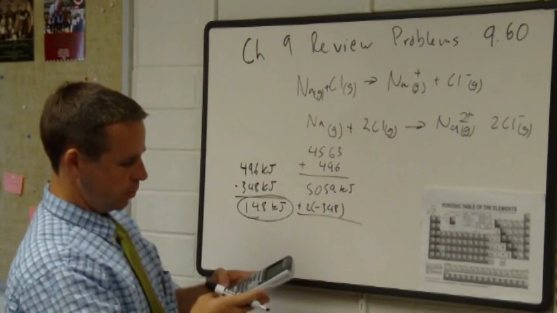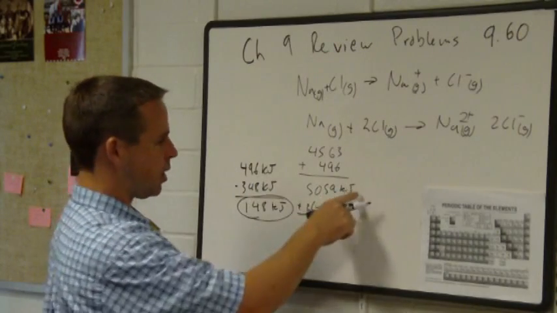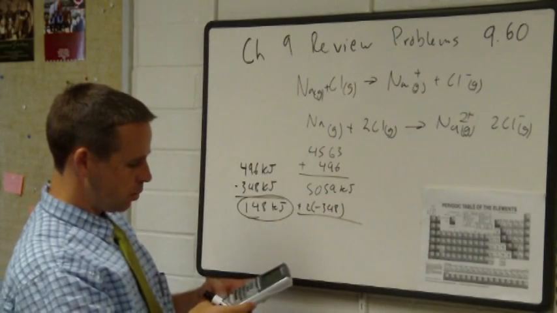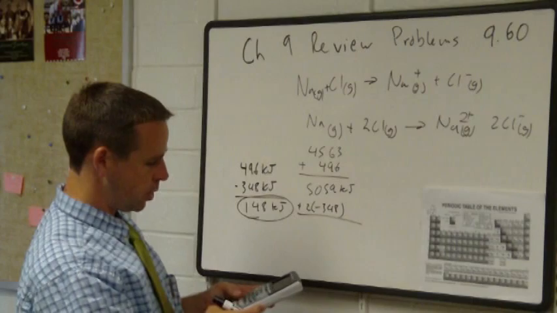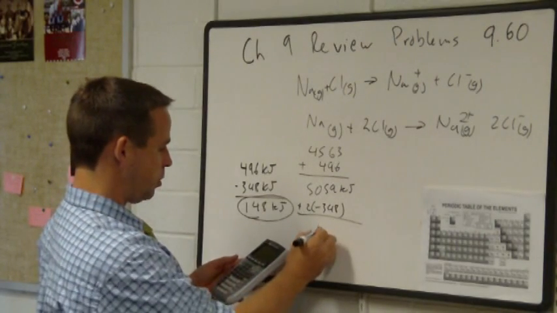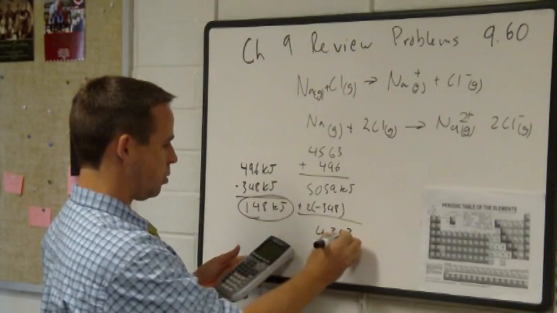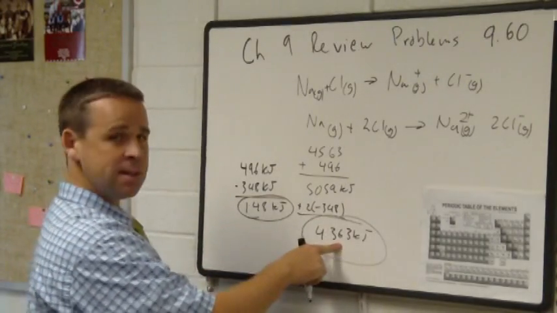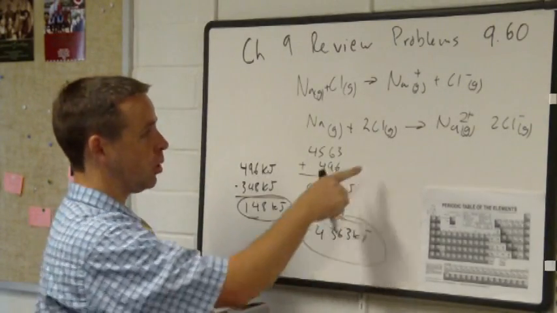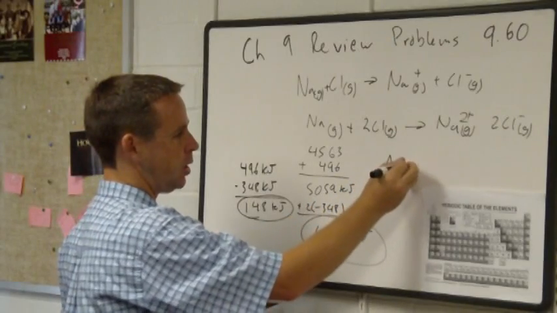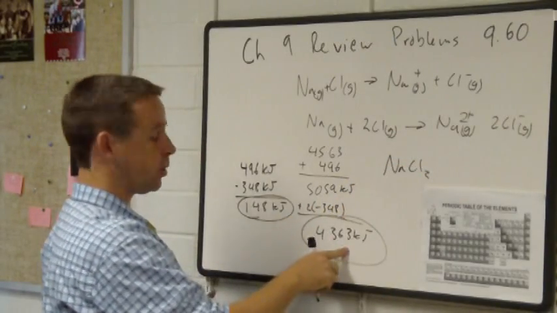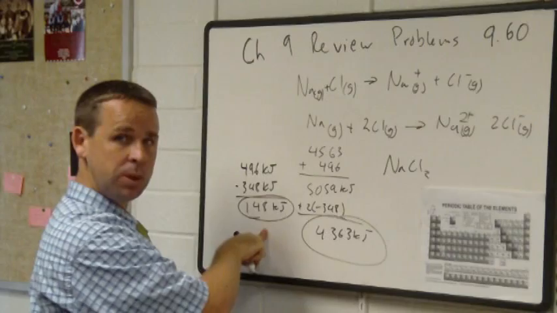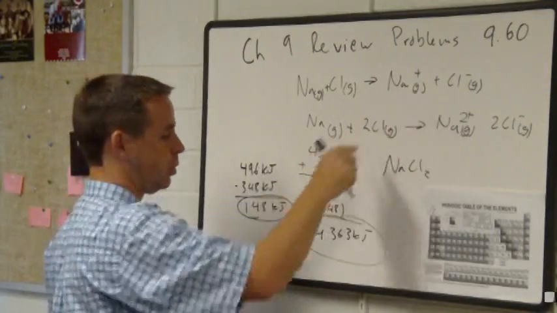So we have 5,059 minus 348, and then minus 348 again. And the result here is going to be 4,363 kilojoules per mole. So this is what the lattice energy would have to be for us to form NaCl2. And this is what the lattice energy would have to overcome to form sodium chloride.